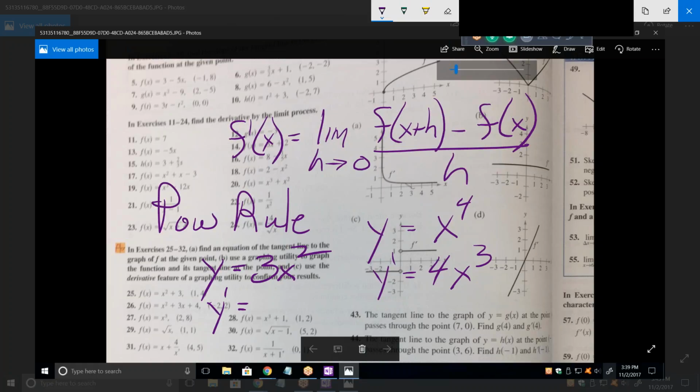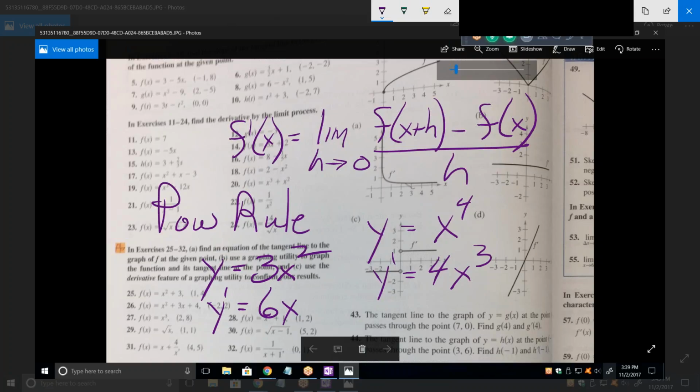It would be 2x. Actually, start with the exponent, but then you multiply it by that coefficient, so it's 2 times 3, and then subtract 1 from the exponent, so you get just 6x.